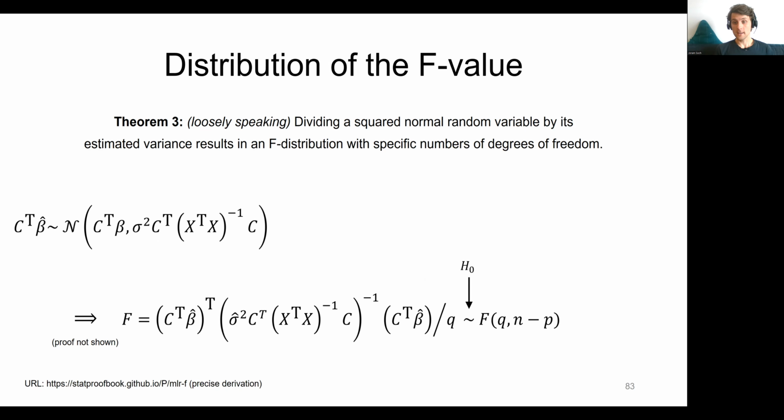So these are exactly the formulas that I showed you in the main lecture for the T and F statistic. And now you have some rough idea of where these formulas come from.